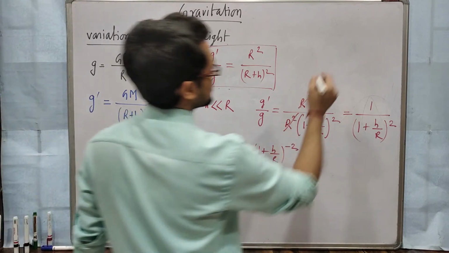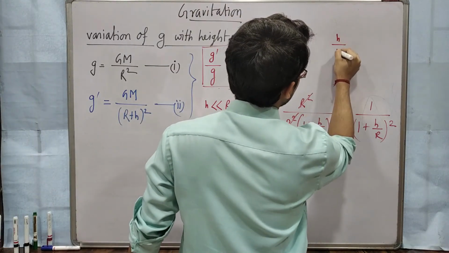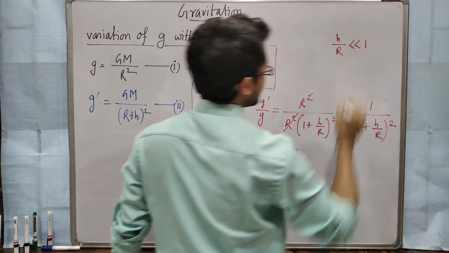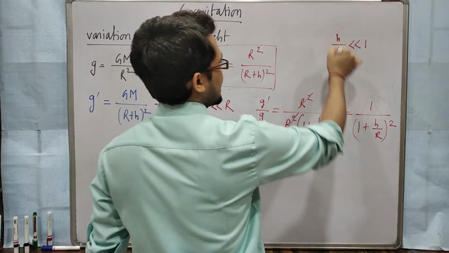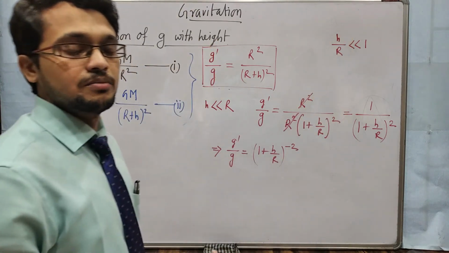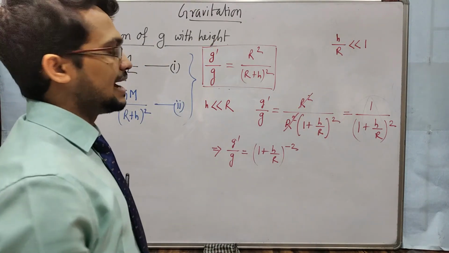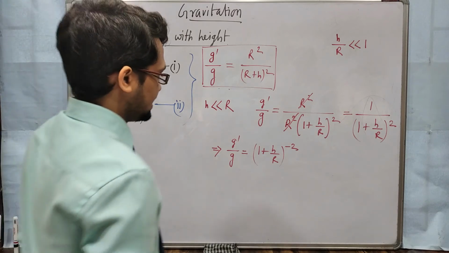But here we will not take all the terms, because h by R is already very much smaller than 1. If we take its square, it will be even smaller. Cube, even smaller. So higher terms will be neglected here.